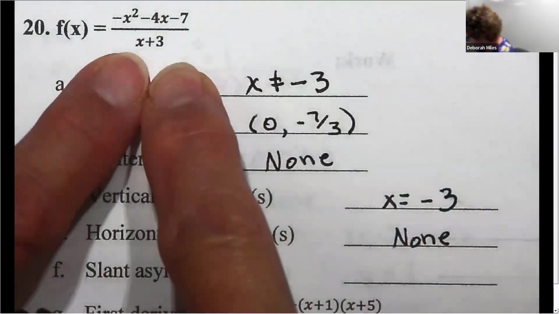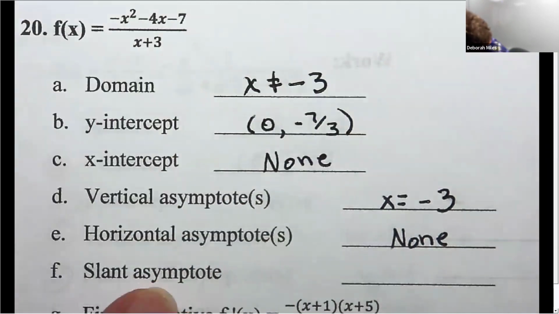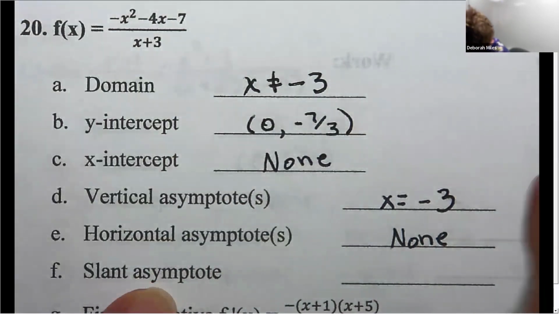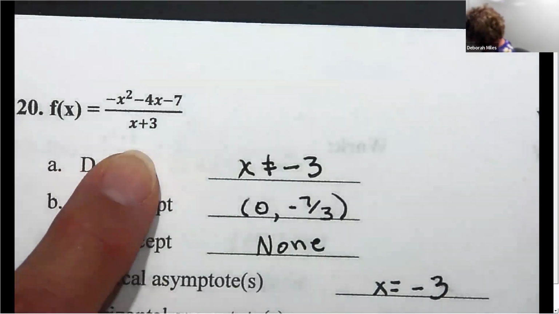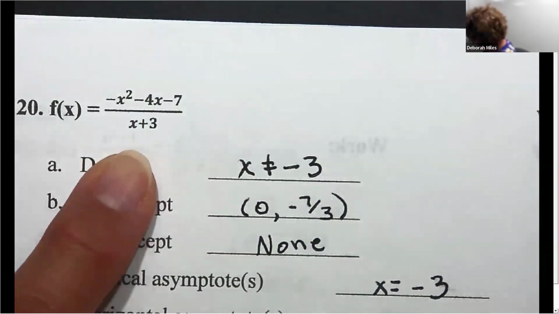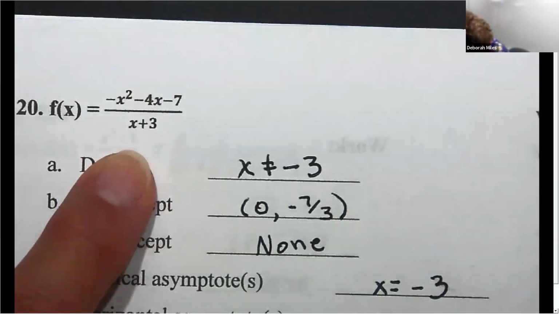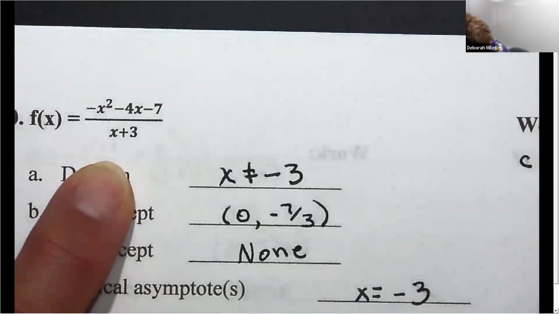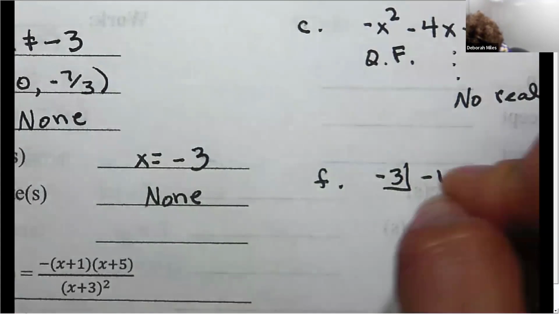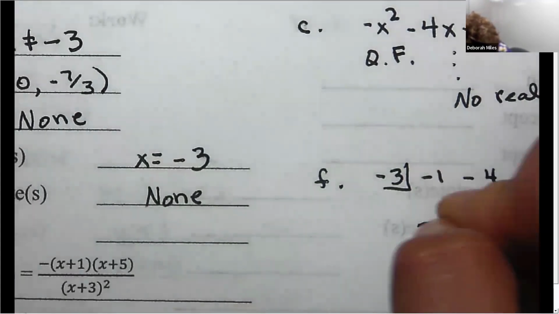So let's use synthetic division and label this work part F. I'm going to divide. What should go in the box? -3. And then the coefficients out beside that, coefficients of the numerator, -1, -4, -7. Do my synthetic division real quickly.